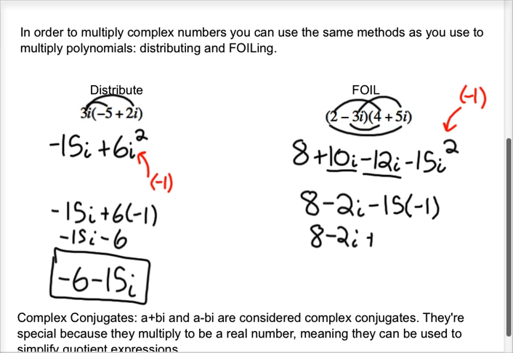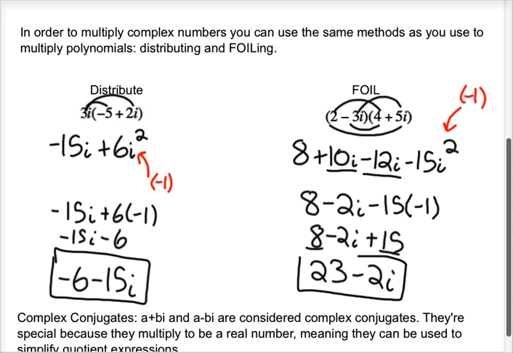So really that turns into a +15, which gives us our last piece that we can combine. We can combine the 8 and the 15 to give us 23. To leave us that as our final answer.